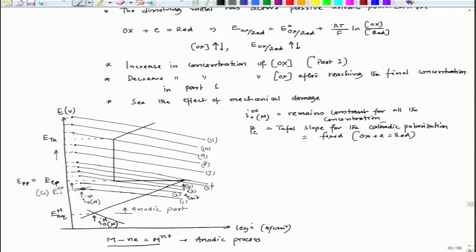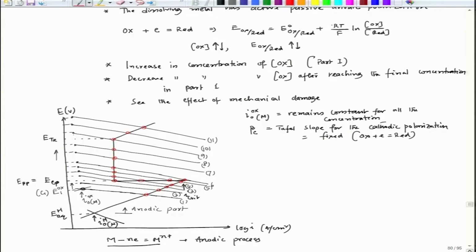So, all the lines are parallel, but they will have interactions according to the way they are cutting across the anodic polarization part of the dissolving metal. So, what are those points? This is one point, second, third, fourth, fifth, sixth, and then we have other connections also. These are the crossing points, red colored circles.